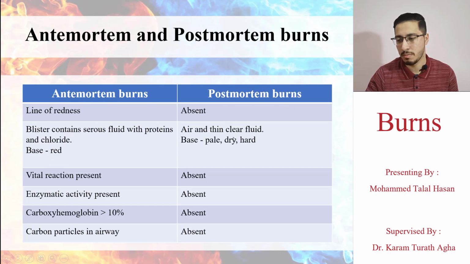In the post-mortem burns we can see air and thin clear fluid, and the base could be pale, dry and hard. In the ante-mortem burns we can see the vital reaction present, enzyme activity, carboxyhemoglobin and carbon particles in the airway, but all of these things we can't see in the post-mortem burn.